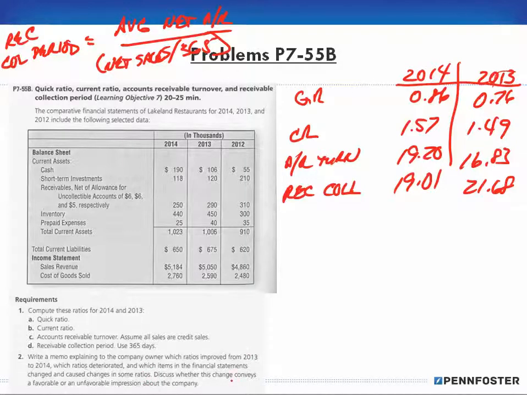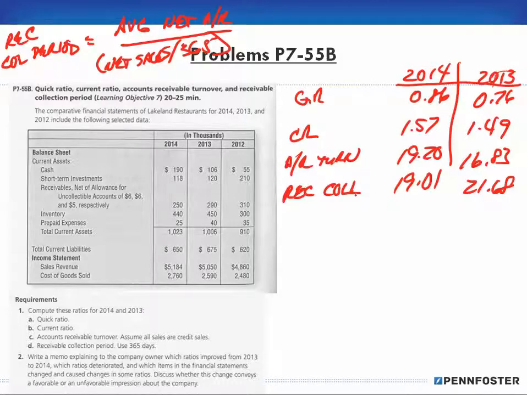Discuss whether this change conveys a favorable or unfavorable impression of the company. Now, I'm not going to write this memo out, or create one, here on the screen. Okay, you have the memo in the solution manual.